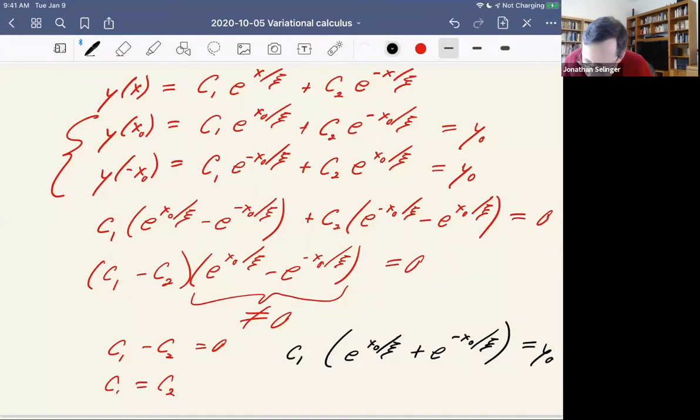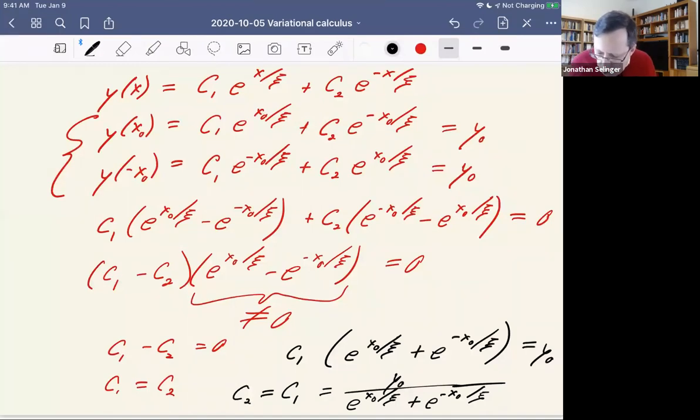So C1 is y0 divided by e to the x0 over ξ plus e to the minus x0 over ξ. Okay, so that's C1, and C2 is the same thing.